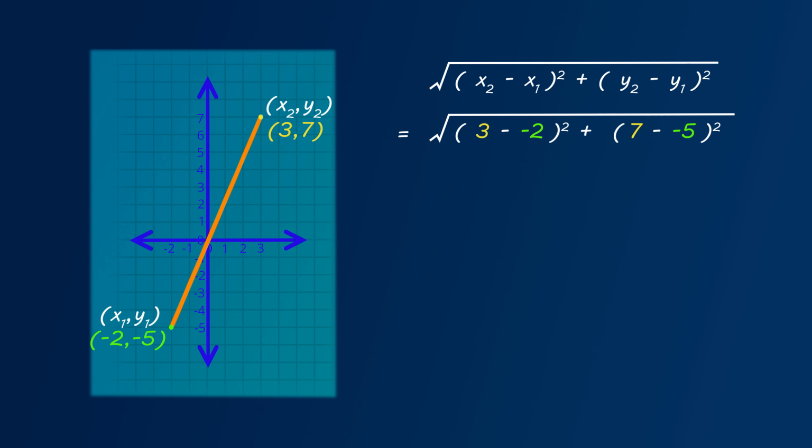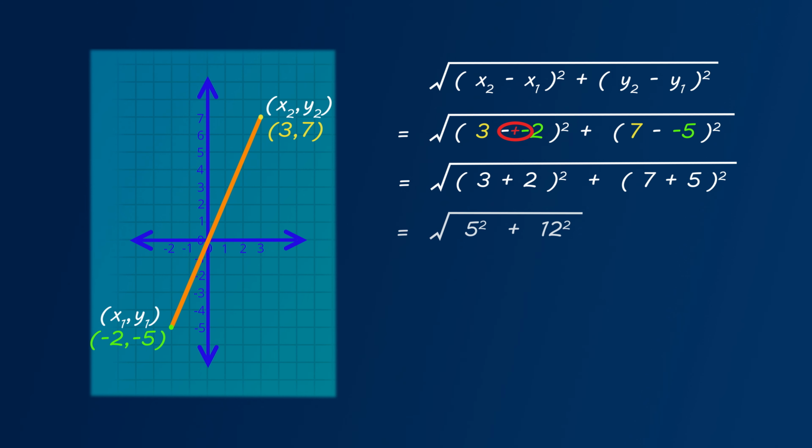Now we subtract these. 3 minus -2. Be careful. When two negative signs are together like this, they become positive or a plus. So it becomes 3 plus 2, which is 5. 7 minus -5. Again, two negative signs together become plus. So 7 plus 5 is 12.